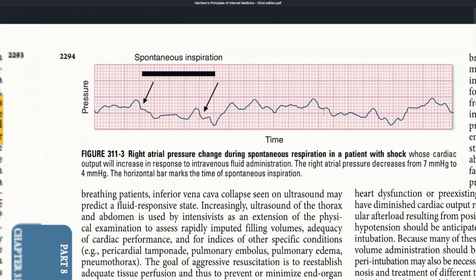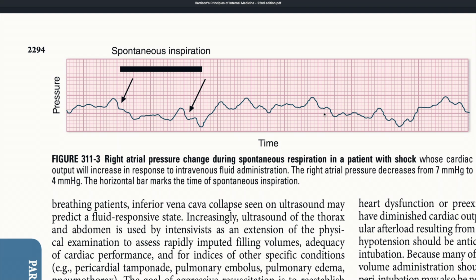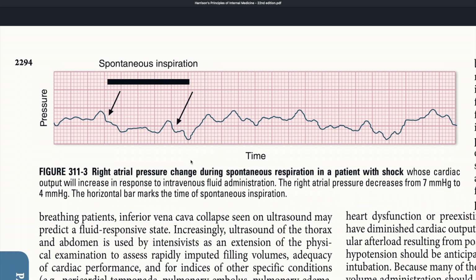You can see a figure here in Harrison showing right atrial pressure changes during spontaneous respiration in a patient with shock whose cardiac output will increase in response to IV fluid administration. The right atrial pressure decreases from 7 to 4. The horizontal bar marks the time of spontaneous inspiration.